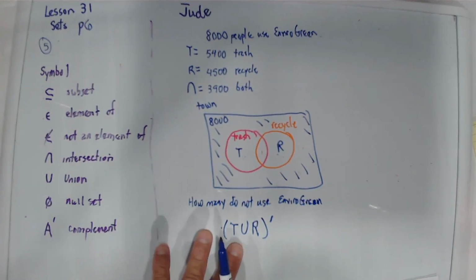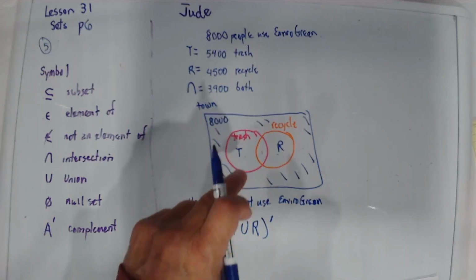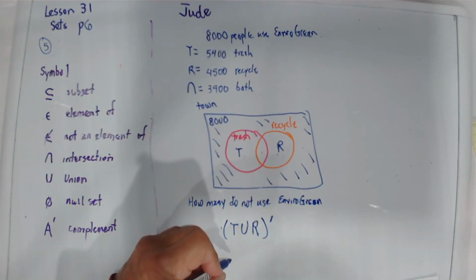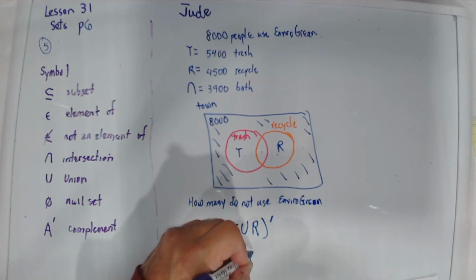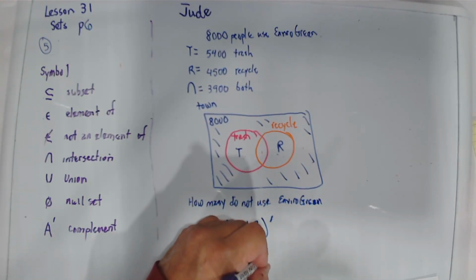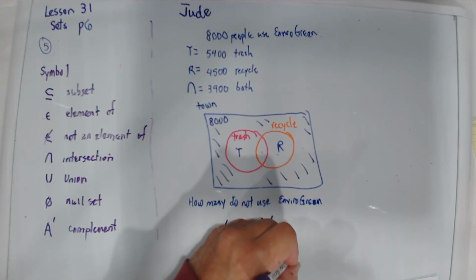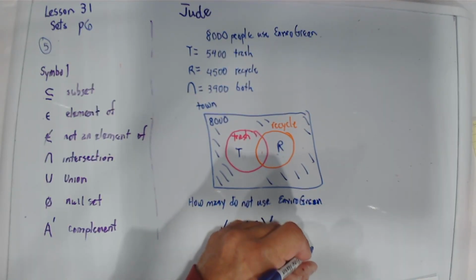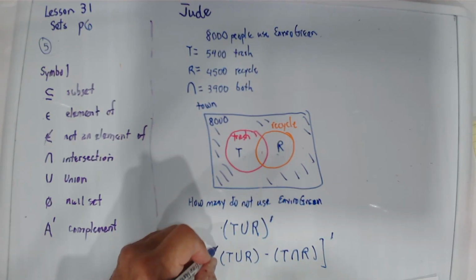So in order to get T union R and then the complement, we need to find out this. It's going to be T union R minus the intersection T intersection R, and we're going to take the complement of that. That's what the tick means.